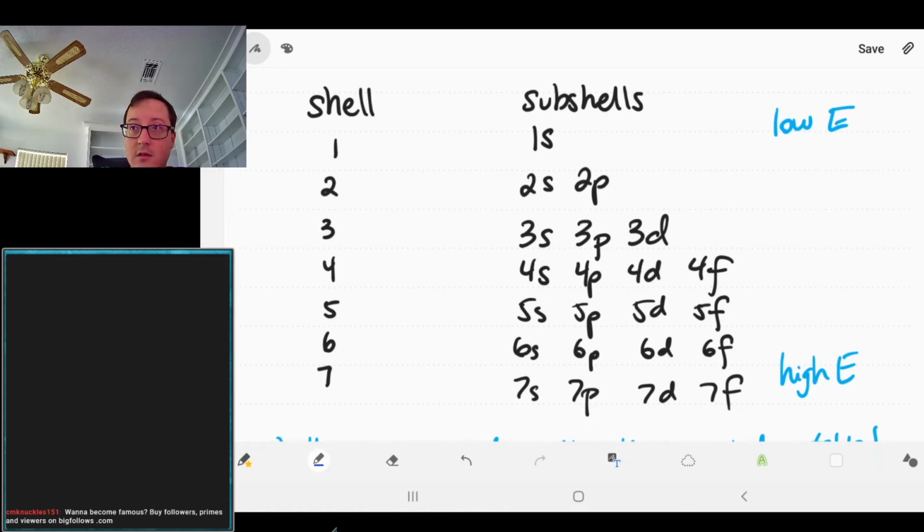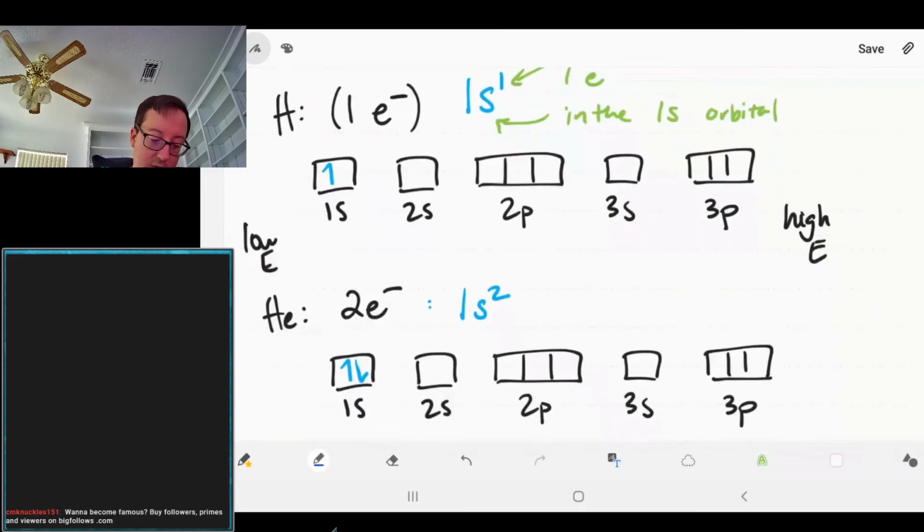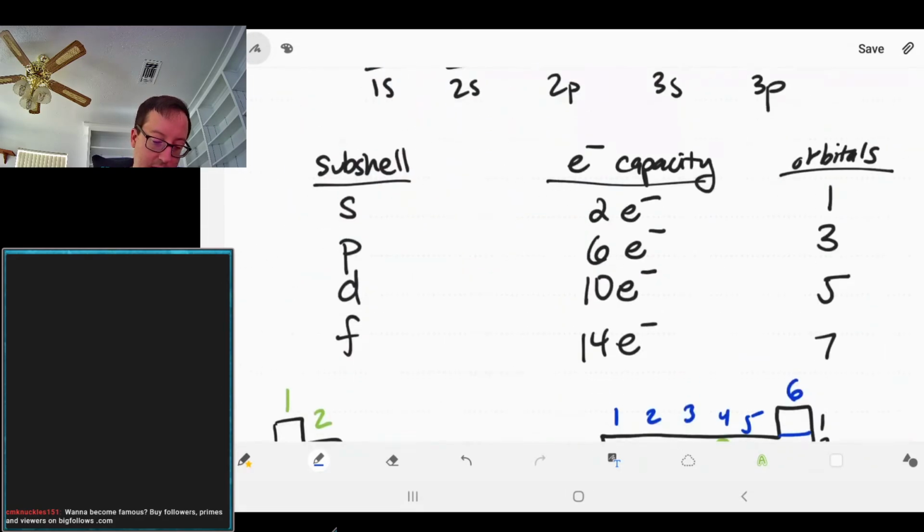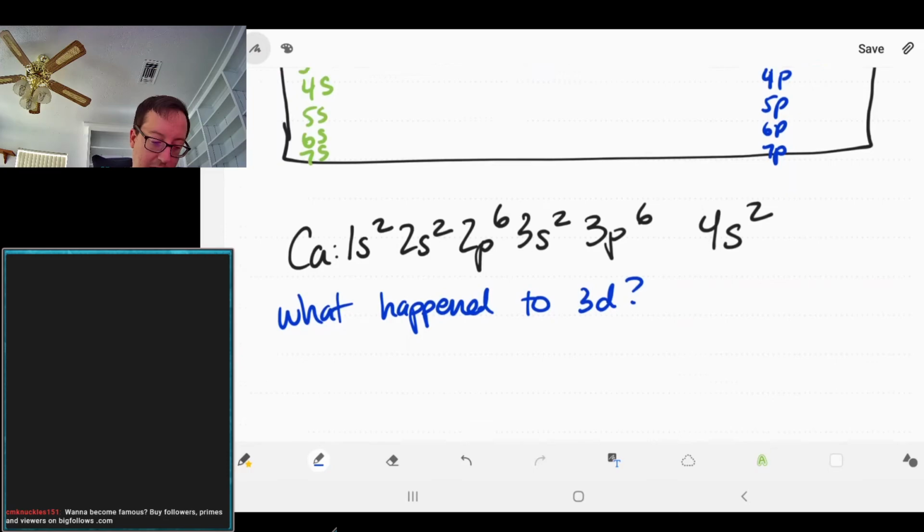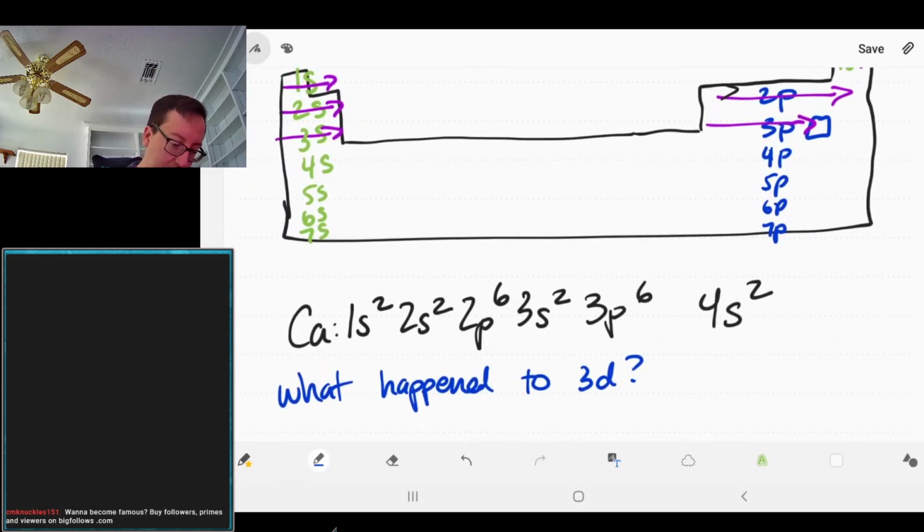Well, suffice it to say, remember we kind of did that comparison. We know that this is the D block here. That's the D block in the middle. The transition metals occupy the D block. We're going to see that the first row of the D block is actually where that 3d will end up.